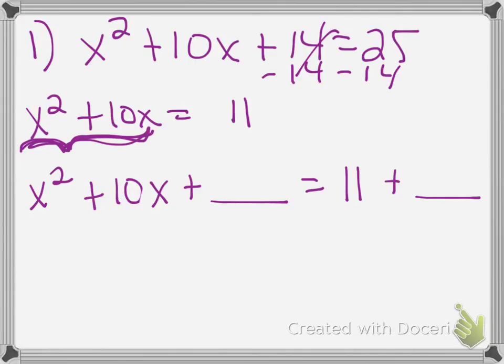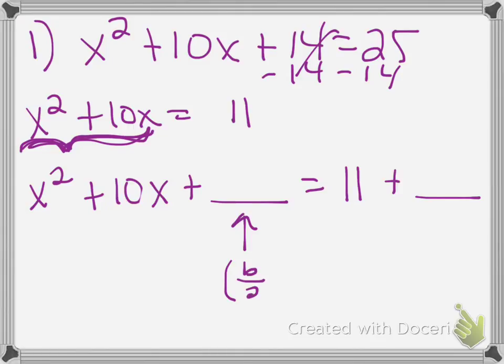Whatever you do to one side of the equation, you have to do to the other. So whatever I add in that space, I also need to add on the right side of the equation.